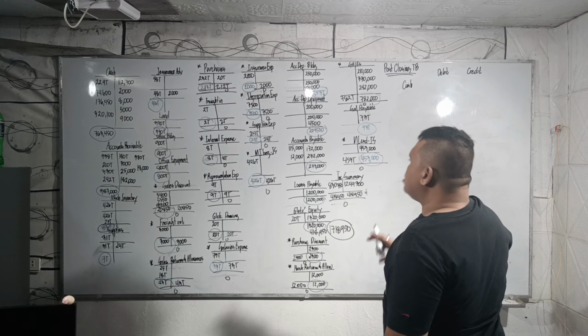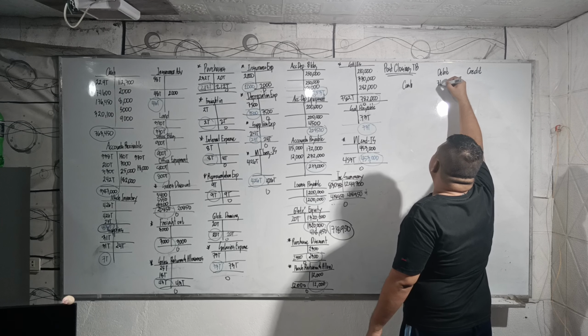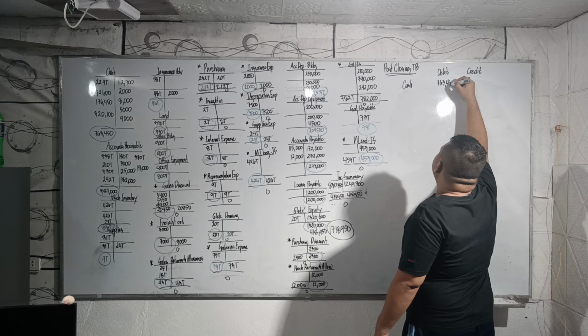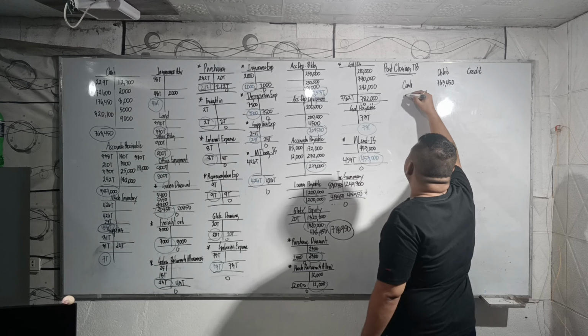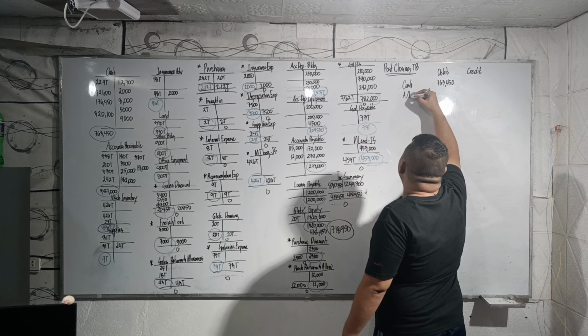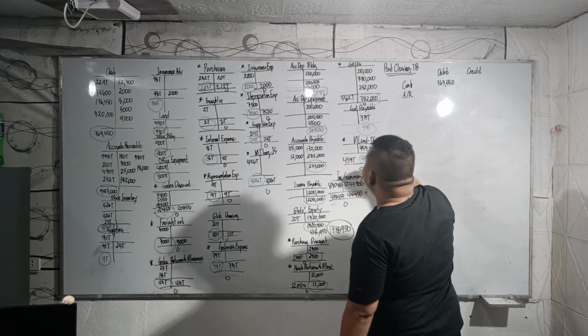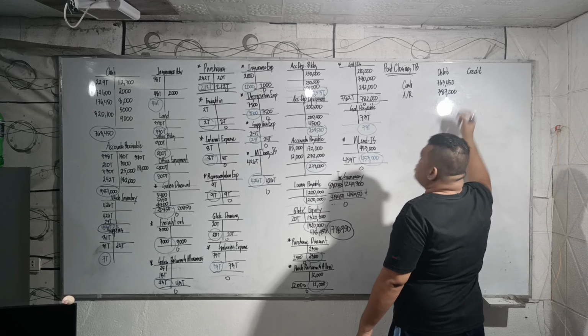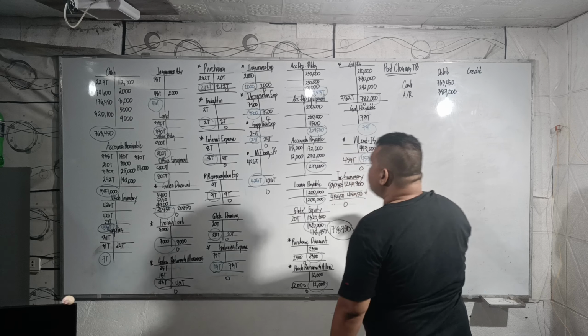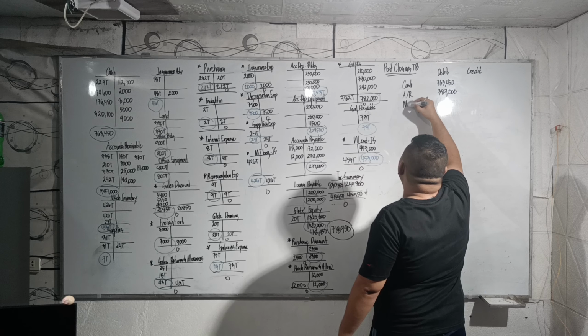So we have the cash, 763,450. And then we have the accounts receivable, 387,000. And then we have the merchandise inventory.